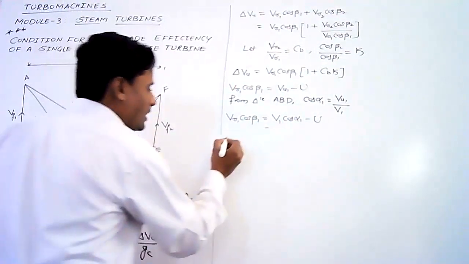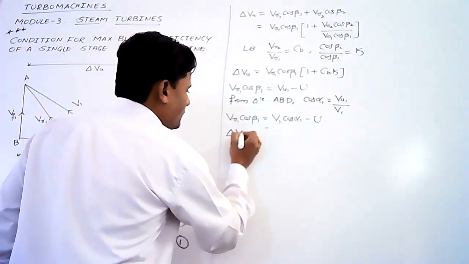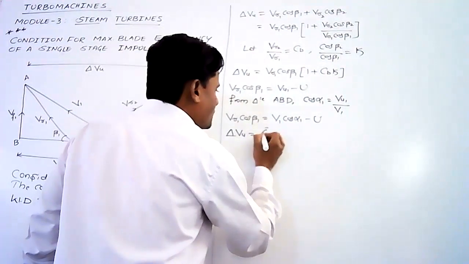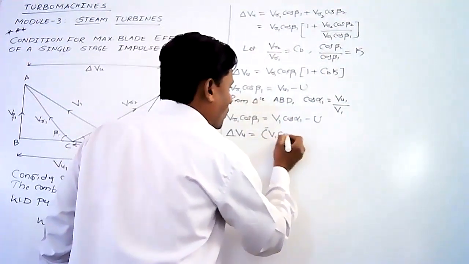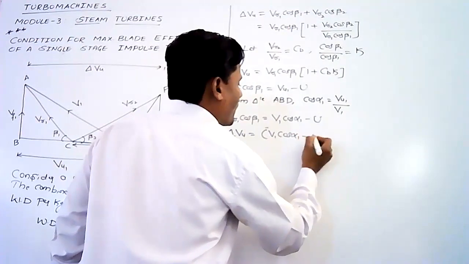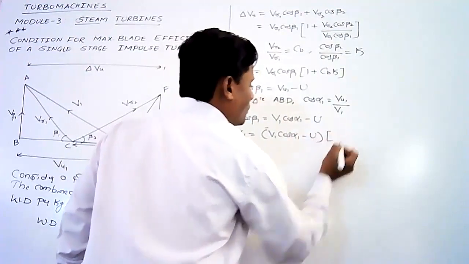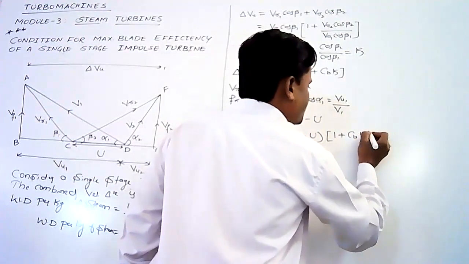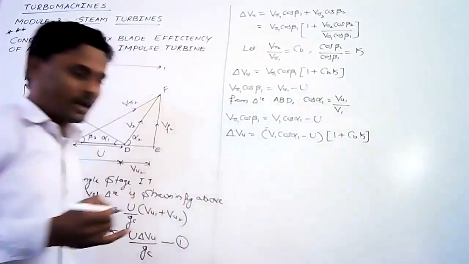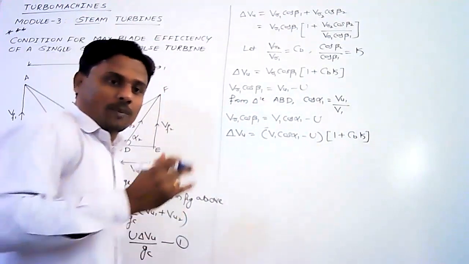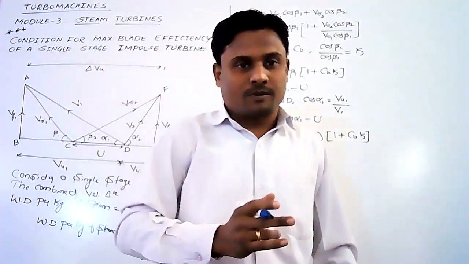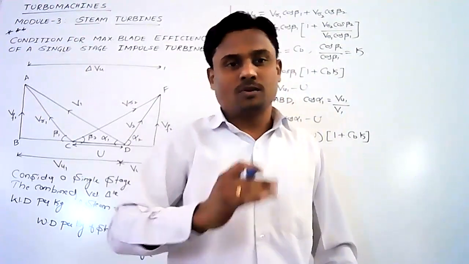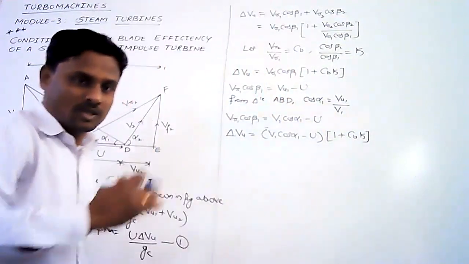So therefore I can write delta Vu equals, in place of VR1 cos beta 1, V1 cos alpha 1 minus U into 1 plus Cb into K as it is. Now, by the definition of specific speed, which is a ratio of the tangential velocity of the blade to the absolute velocity of the steam.